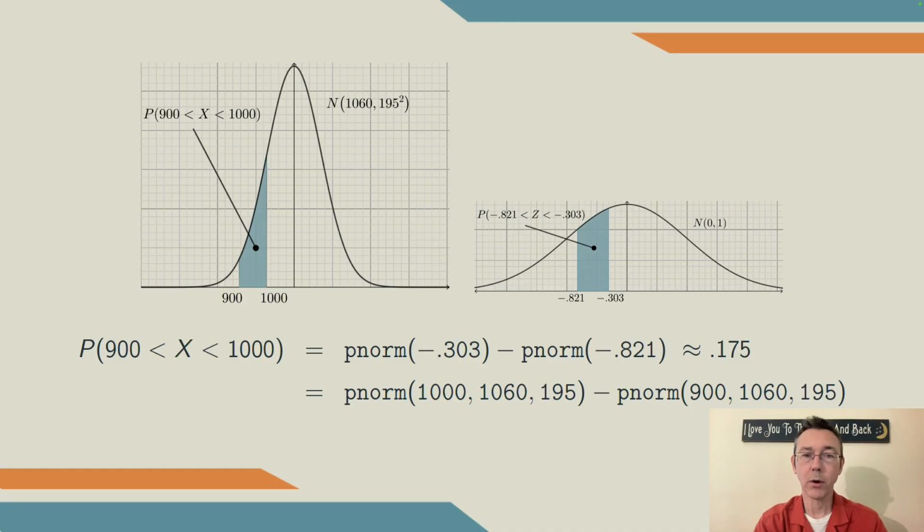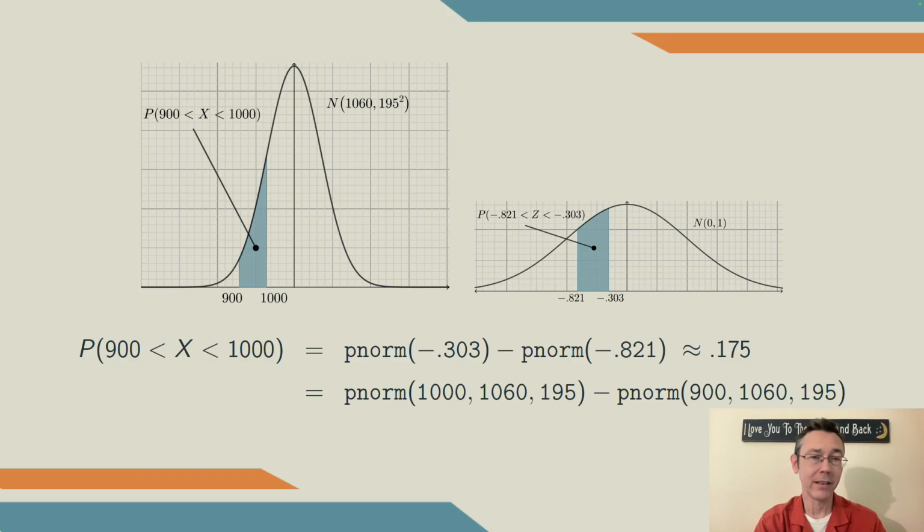We then compute the probability that x is between 900 and 1000 by doing pnorm of negative 0.303, being the z-score corresponding to x equals 1000, minus pnorm of negative 0.821, being the z-score corresponding to x equals 900. When we do that, we get about 17.5%. That's the probability that a randomly selected test taker has a score in this range.